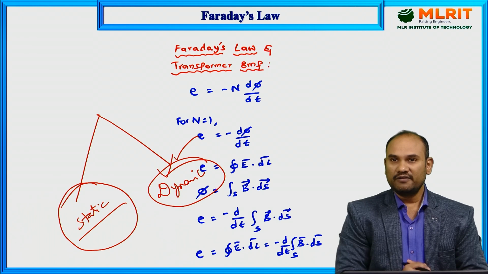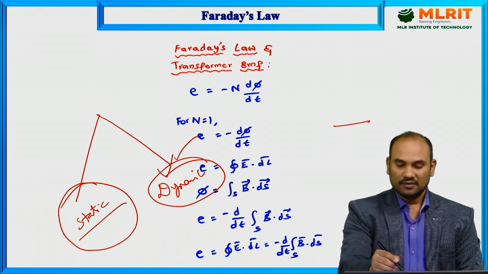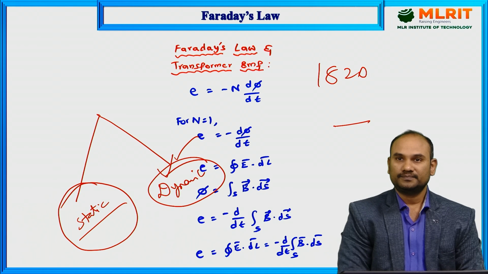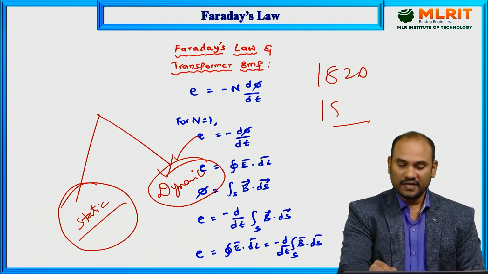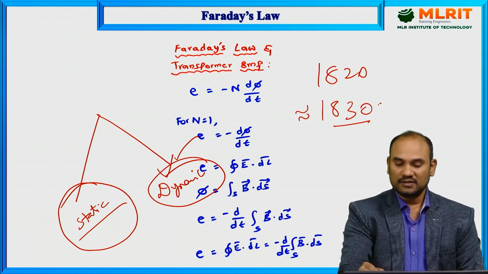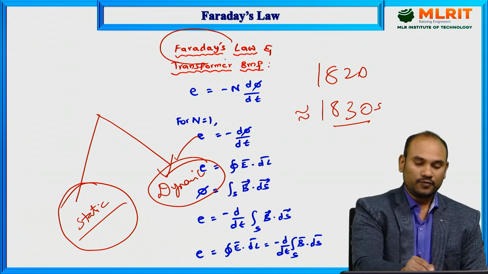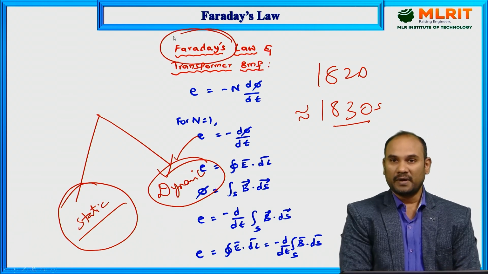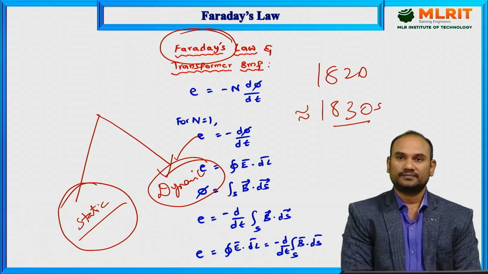We started with Ørsted's observation, which happened in 1820. Exactly 10 years later, roughly around the 1830s, Faraday, who is the topic of today's discussion, Michael Faraday, observed the vice versa of that.